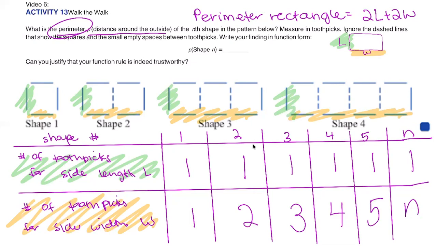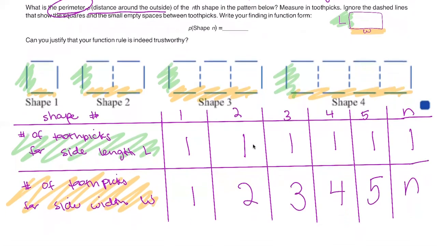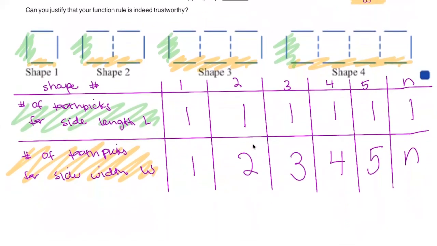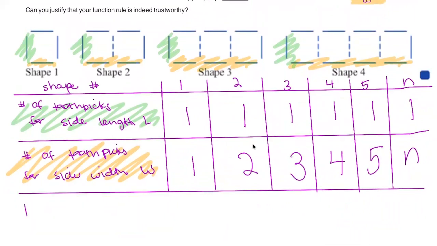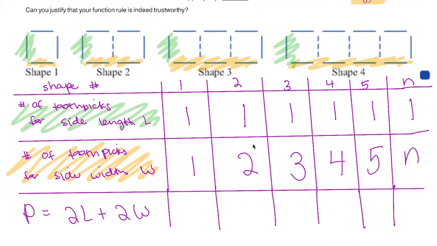Well, then the formula for the perimeter is just 2L plus 2W. I'm going to color coordinate it again. L is green, W is orange.